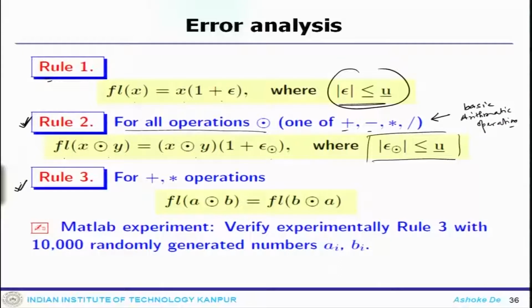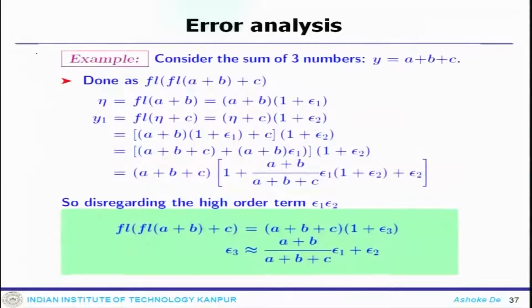Rule number 3 is very specific to addition and multiplication: the floating point of a dot b equals the floating point of b dot a. This is only true for dot belonging to the set of plus and multiplication only. These are 3 rules which are very important for handling the precision of the machine.